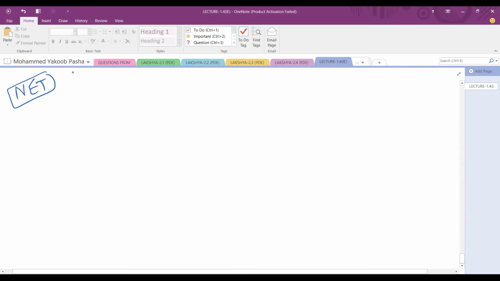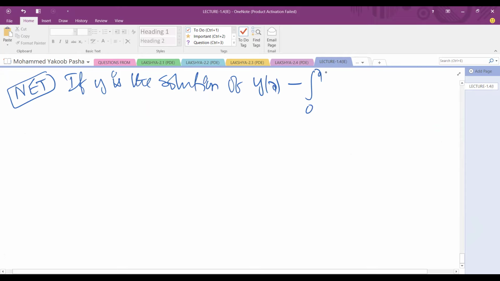If y is the solution of y of x minus integral 0 to x of (x minus t) into y of t dt is equal to 1, then which of the following is true?